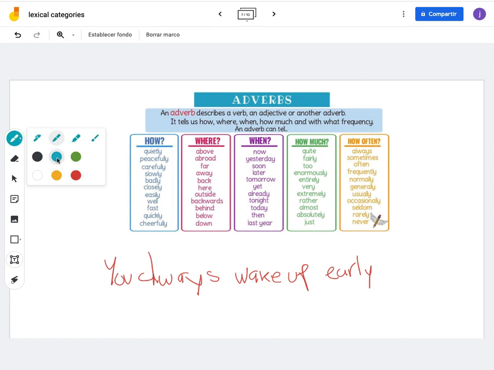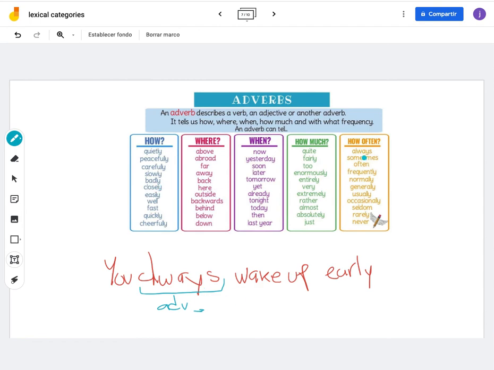So in this case, the word always is the adverb because it answers the question: how often do you wake up early? Well, I wake up early, or you always wake up early.